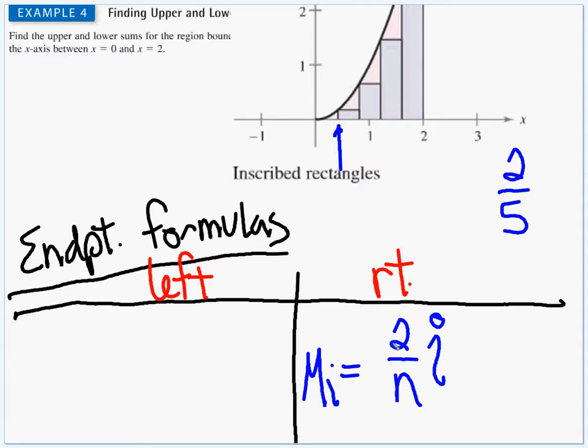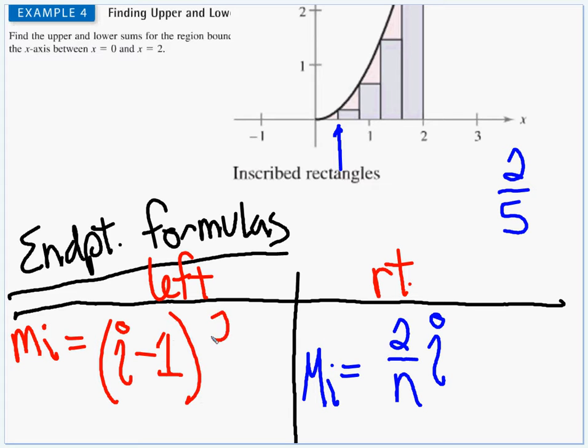Now, I do the right endpoint first because that might make it easier to find the left, lowercase m sub I. What we want to do is plug in a number for our rectangle, for I. When we plug in a 1, we want to get back to 0. So what I'm going to do is take my right endpoint and replace the I with an I minus 1 times 2 over n.